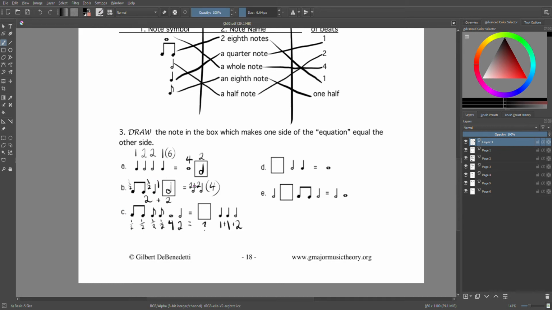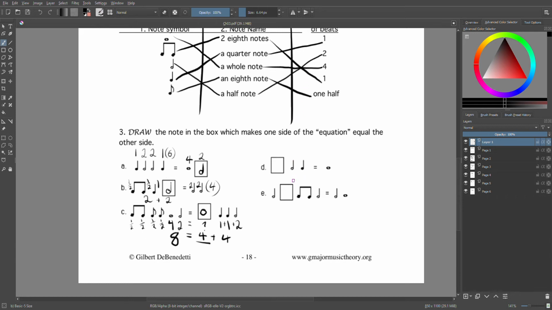So let's go ahead and add these up. All this right here is 4 plus what equals 4, 5, 6, 7, 8. 8 beats. So we need something that is 4 beats. What is 4 beats? A whole note. There we go.